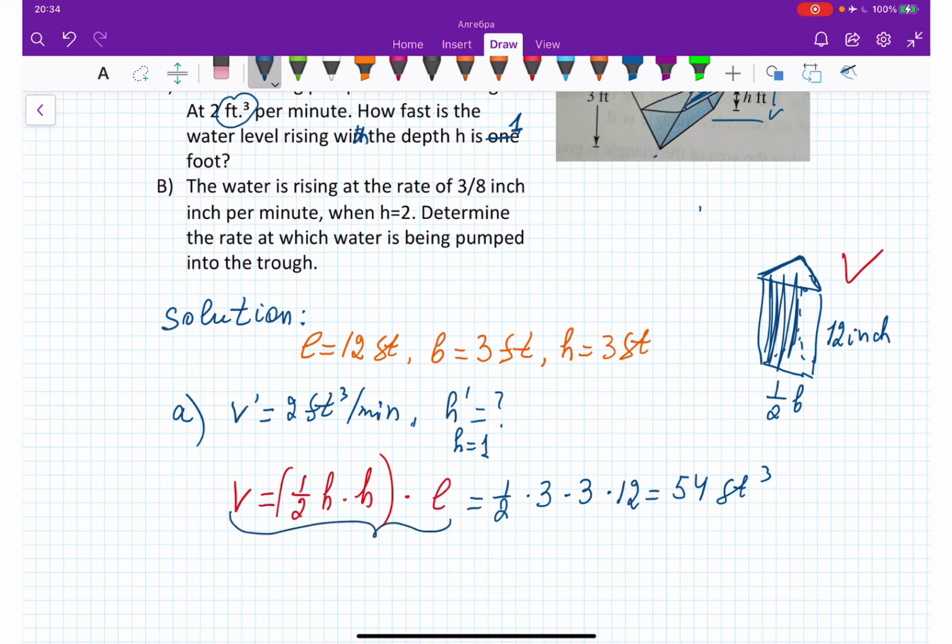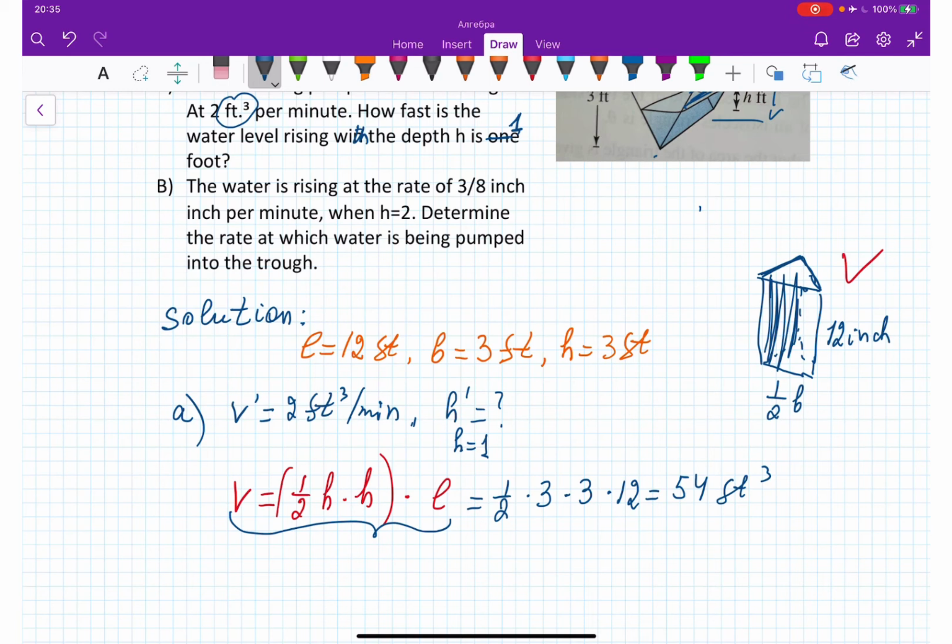Okay? But this time the height is a variable h, not the static value of h, but a variable, meaning h changes, and that depends on time, because as you fill up the water, its h is changing over time. So how about the base of the triangular ends, B?